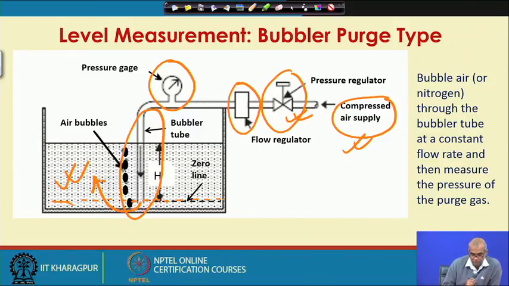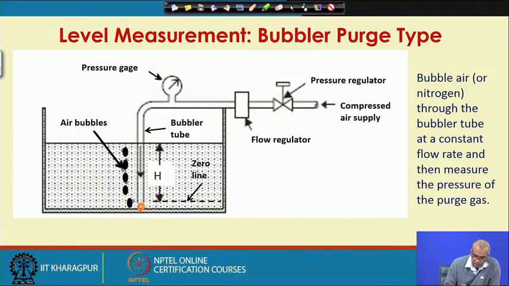But this air will face opposition from the liquid, from the pressure that the liquid level exerts here. The amount of pressure that is exerted at the free end of the bubbler tube depends on this column of the liquid.